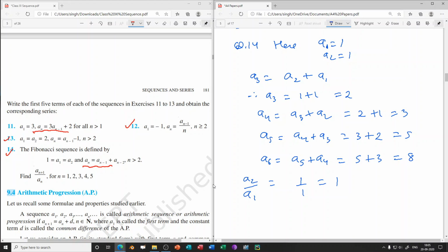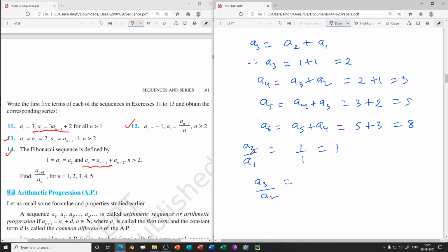Next, we will take n equal to 2. 2 plus 1, 3. So a3 by a2, and we have to find this ratio till a6 over a5. a3 is 2, and a2 is 1. 2 by 1, that is 2.